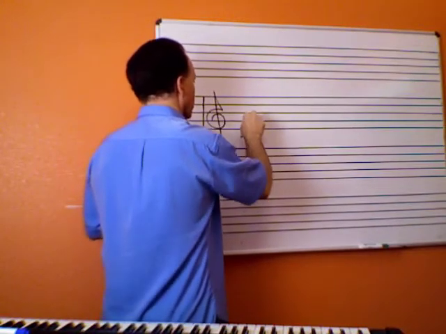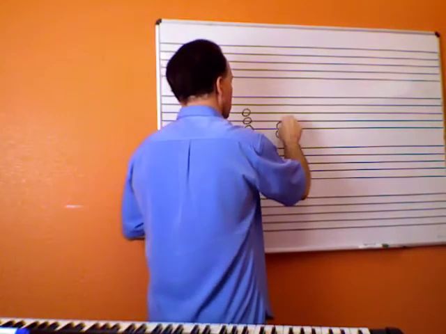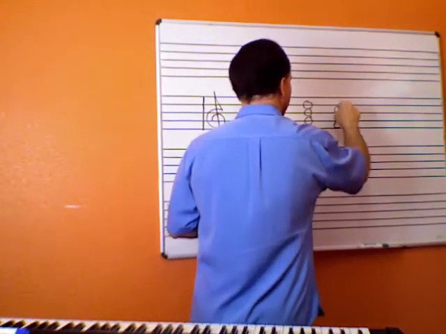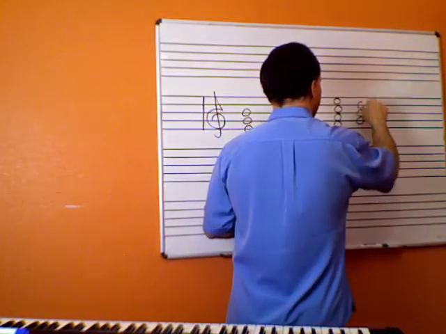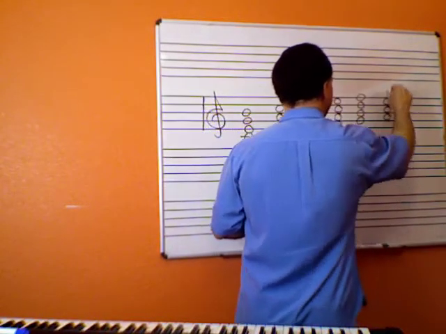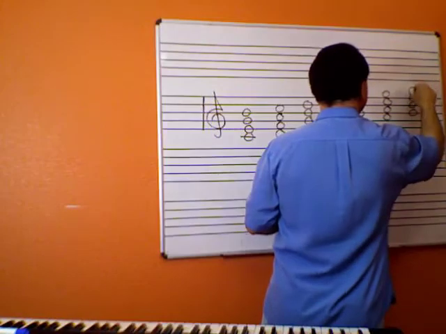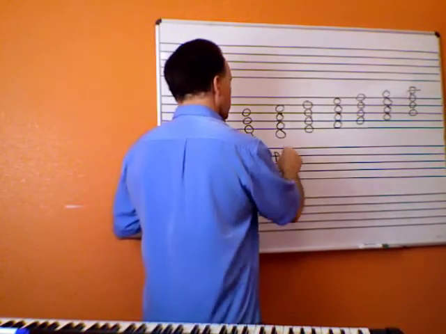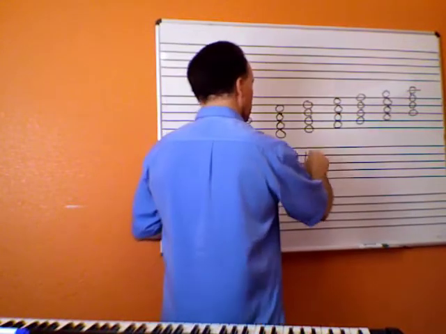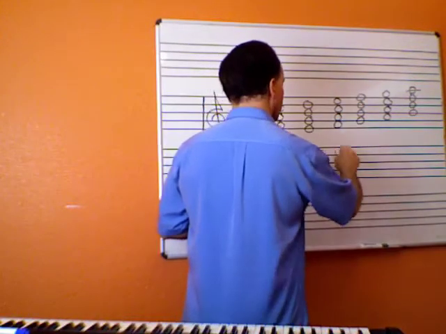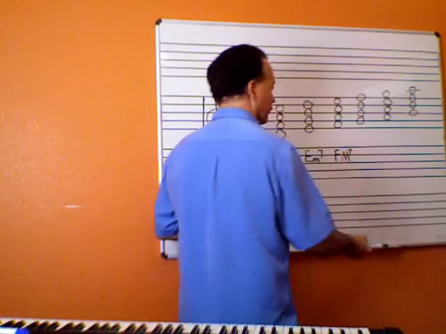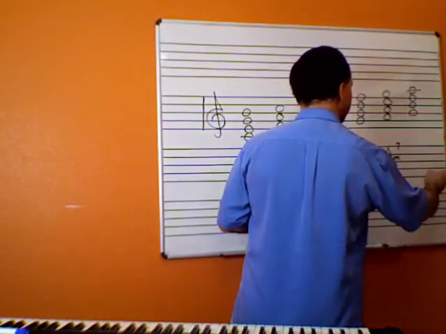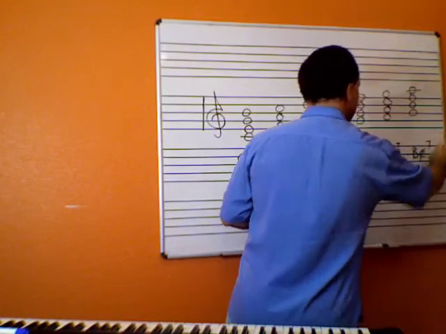So we have C, D, E, F, G, A, and B. Okay, C major seventh is our one chord, D minor seventh is our 2, E minor seventh is our 3, F major seventh is our 4, G7 is 5, A minor 7 is 6, and B half diminished is 7.